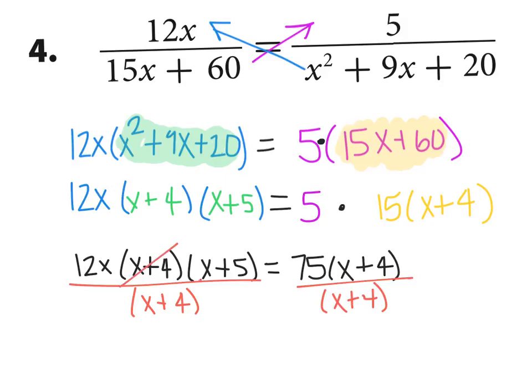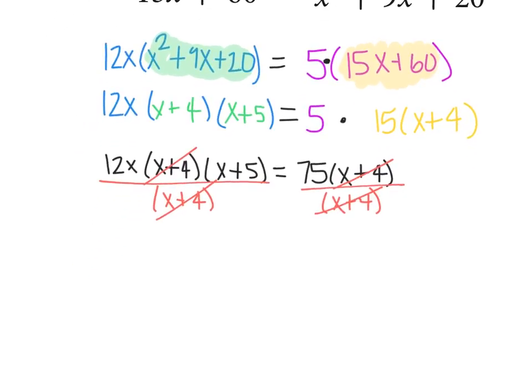They cancel each other out. So my problem gets smaller. So now my problem is 12x times x plus 5 equals 75. It does look so much better.